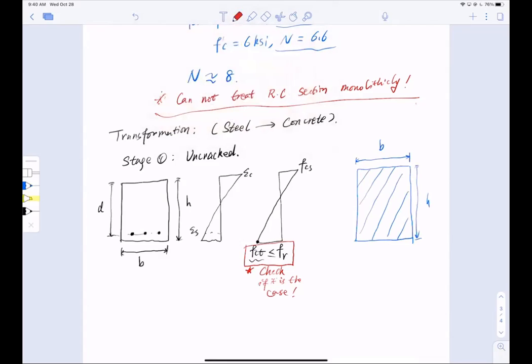How to add steel? We draw small tiny wings at the height of the steel, at the same height in case you didn't see it, sticking out like this. And this is the transformed area of steel.